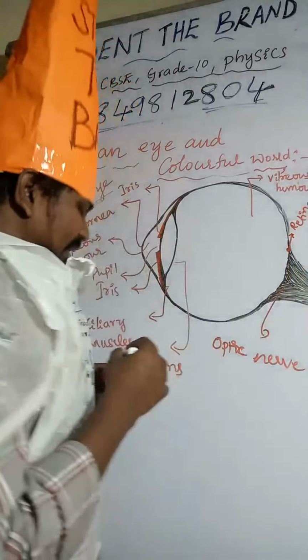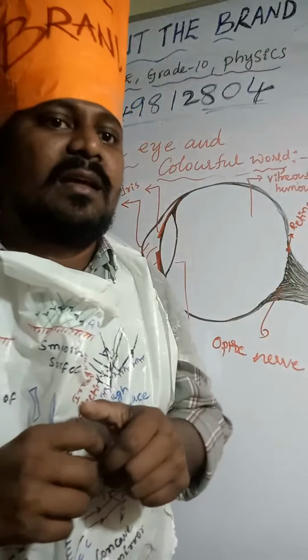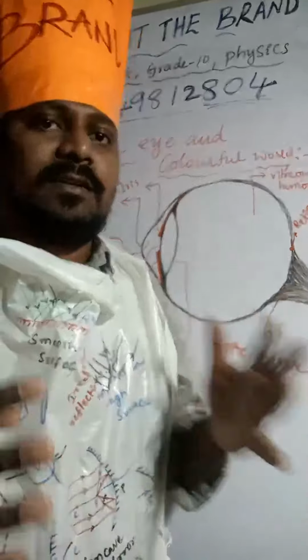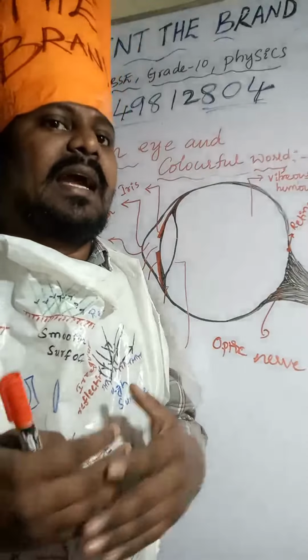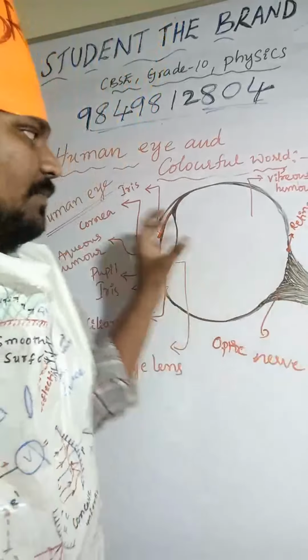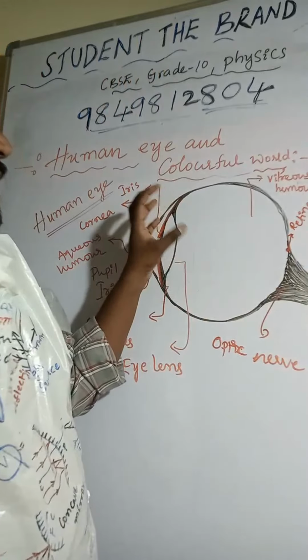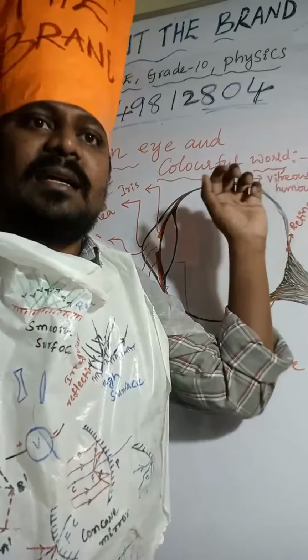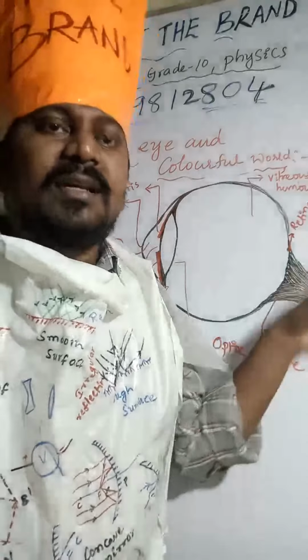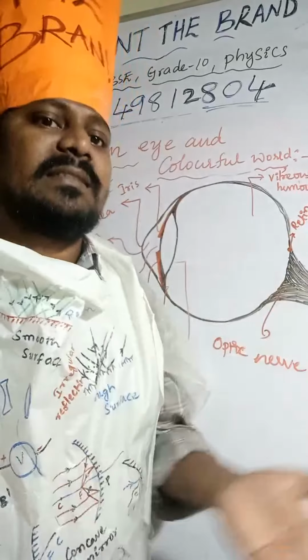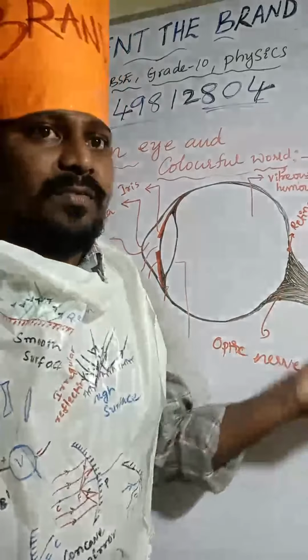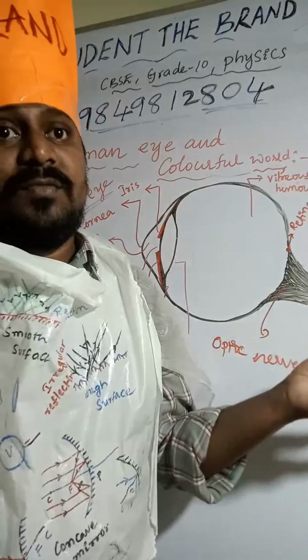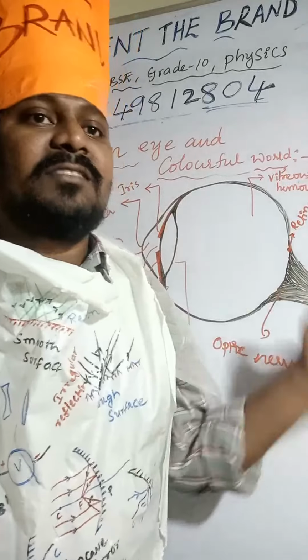Retina is a light sensitive screen where light rays will meet. After passing through the lens, the light rays converge and fall at the retina. A real and inverted image will form at the retina.